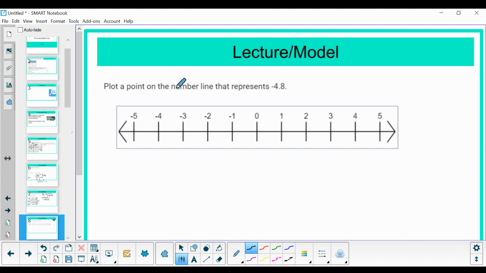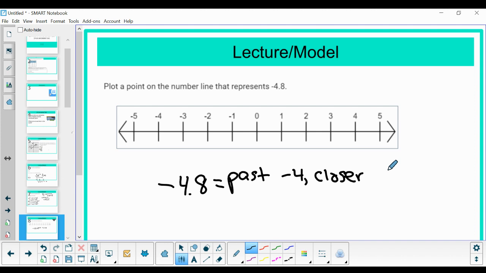Plot a number on the number line that represents negative 4.8. All right, so negative 4.8 would be past negative 4, closer to negative 5.